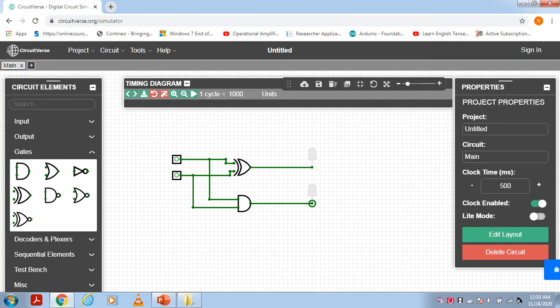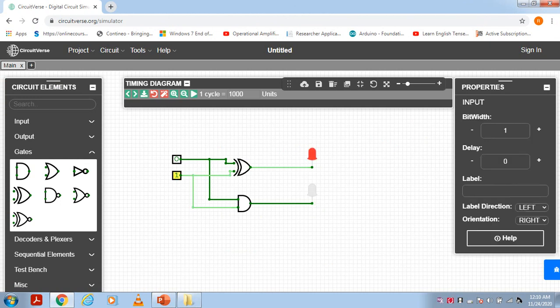For the 0 0 input, sum is 0 and carry is 0. The next 0 1 combination of the input, sum is 1 and carry is 0. The next one is 1 0 input, sum is 1 and carry is 0. The last combination of the input 1 1, sum is 0 and carry is 1.